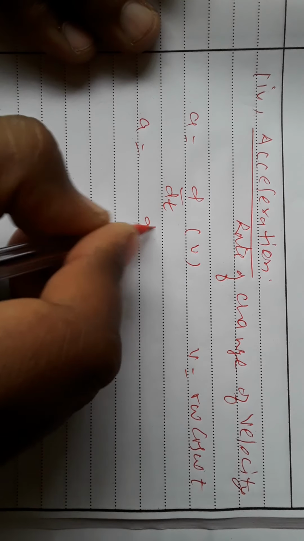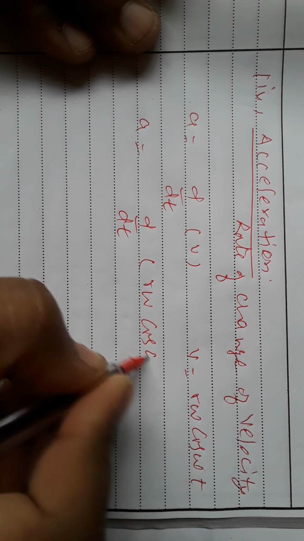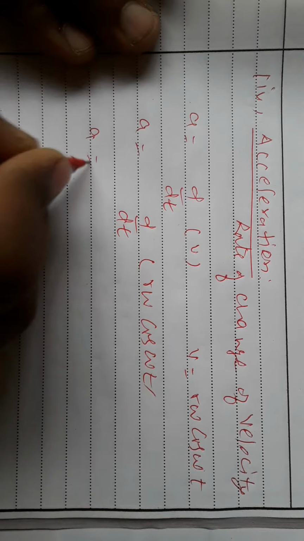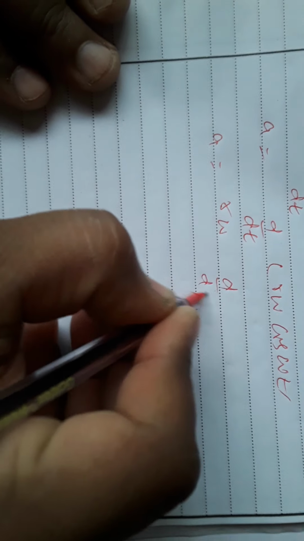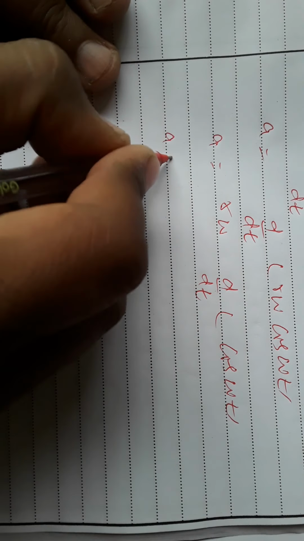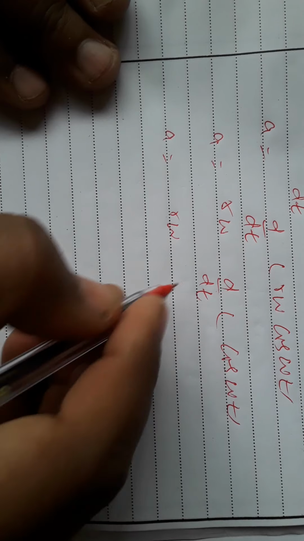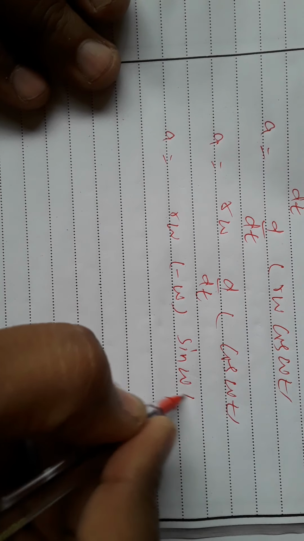So a is equal to d by dt of r omega cos omega t. We can write r omega outside, d by dt of cos omega t. Differentiation of cos omega t is minus omega sin omega t.